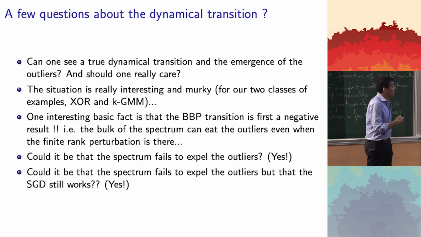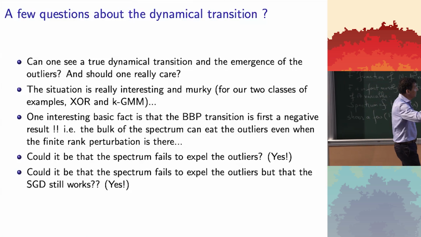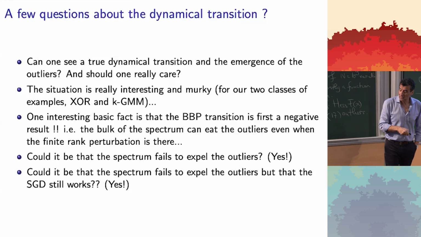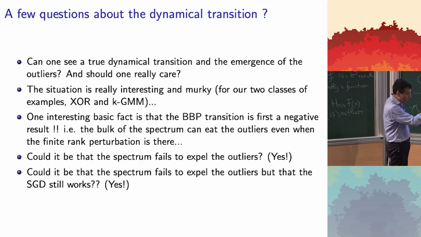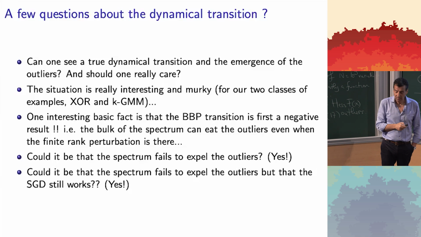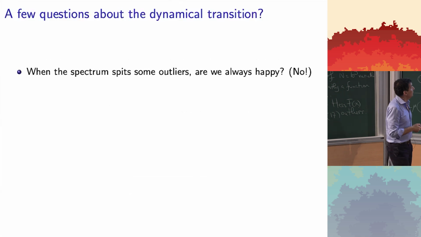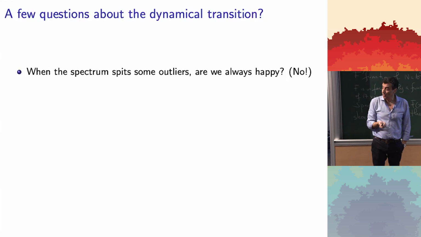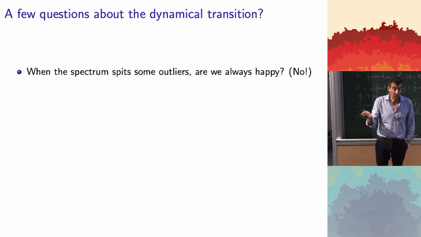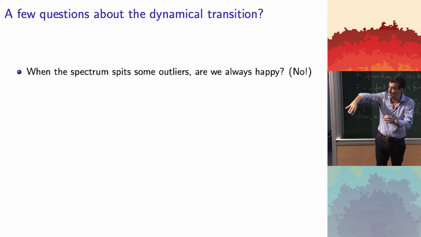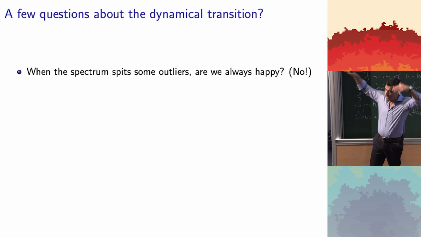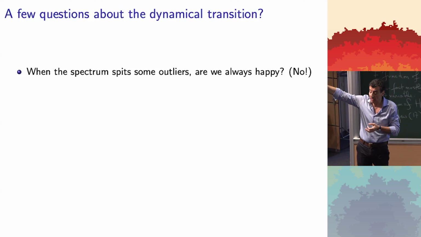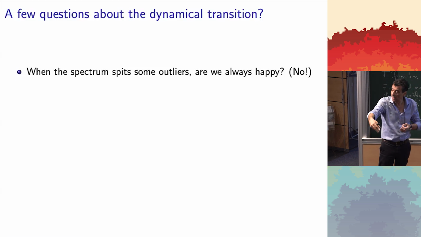Can it be that the spectrum fails to expel the outlier, but that the SGD still works? In general, in this example, no, but in general, it can happen. When the spectrum spits out some outliers, are we always happy? No, because sometimes these outliers have nothing to do with the real thing, because we are not in the right part of the space. We're exploring this big dimensional space, and the spectrum does something here, but we are not yet in the right place.